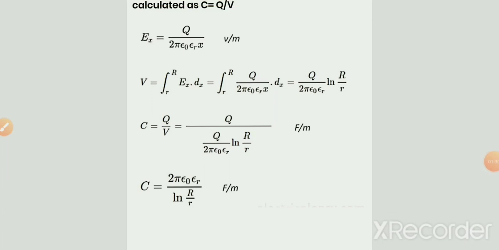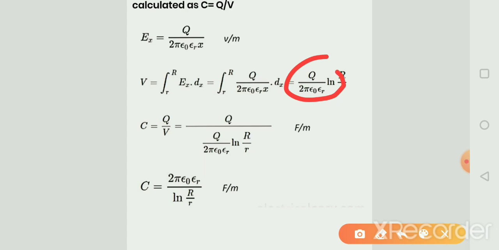Now we know that Q equals CV, so C equals Q over V, where Q is the charge and V is the potential. So we have to substitute the value of V in place of V here.